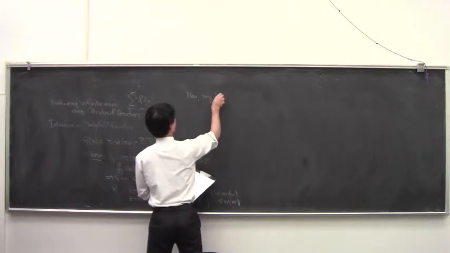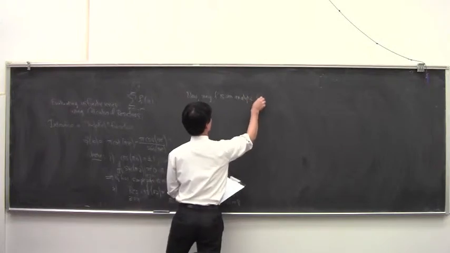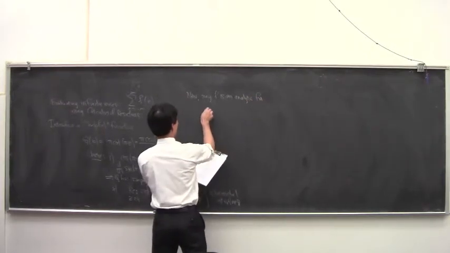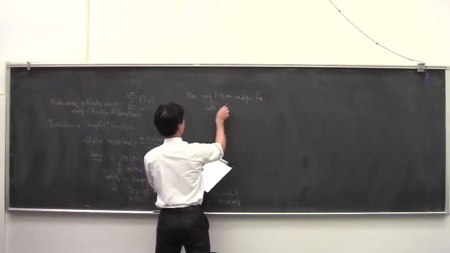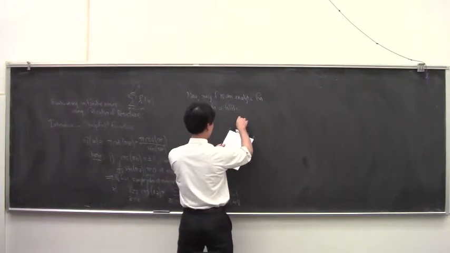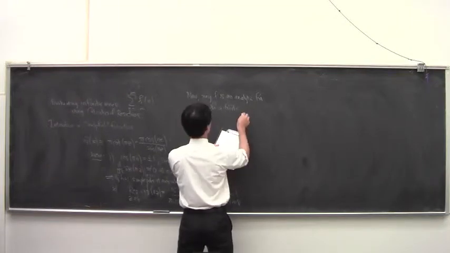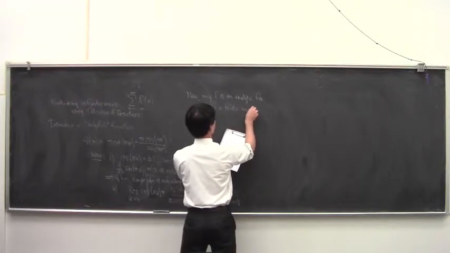Okay. So now, say f is an analytic function with a finite number of poles.